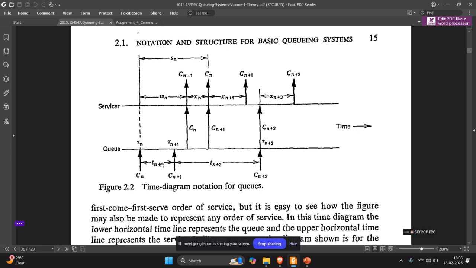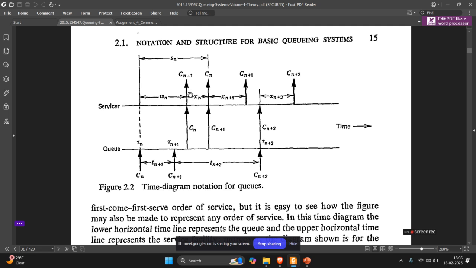Here you can see that packet Cn arrives at time tau n, packet Cn plus 1 arrives at tau n plus 1, packet Cn plus 2 arrives at time tau n plus 2, and the inter-arrival time is Tn plus 1 here, and here the inter-arrival time is Tn plus 2. Then the Cn packet, which comes at time tau n, as time progresses along the time axis, waits in the queue, and finally its turn comes here.